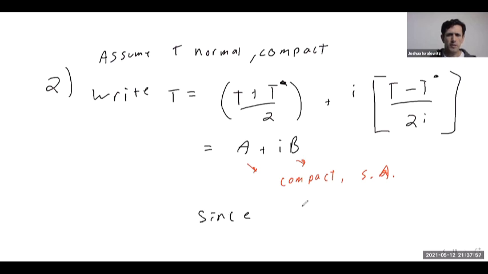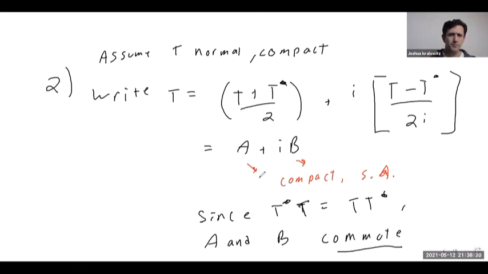Okay, well, since T, well, so let me write it this way. You can check this. Since T star T is T T star, A and B commute. Okay.